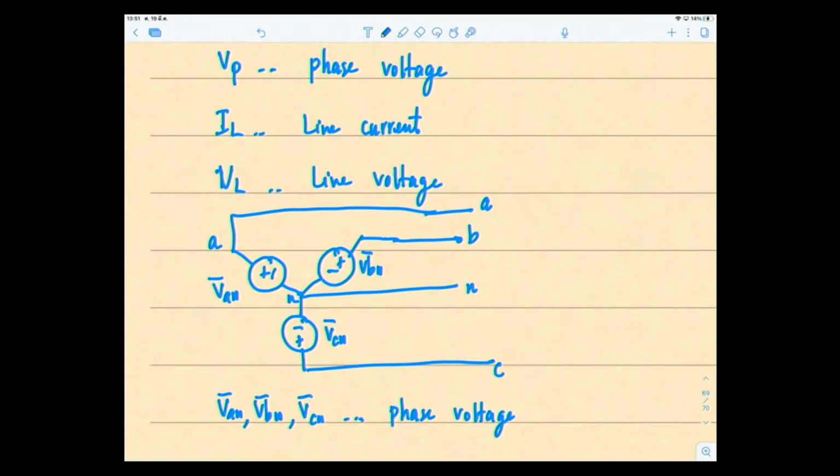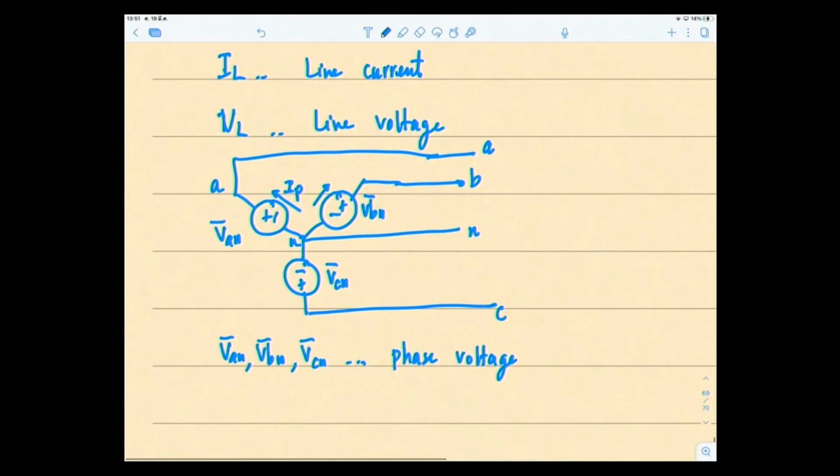The current at each phase, like this, is IP. So this is I phase, the phase current. Phase voltage, phase current.